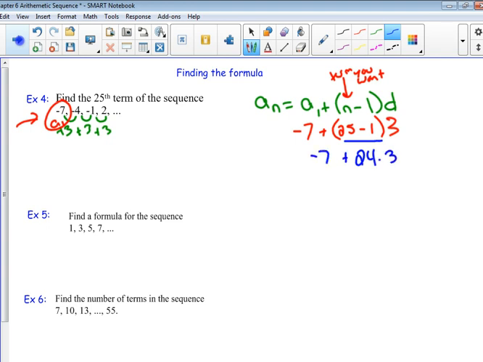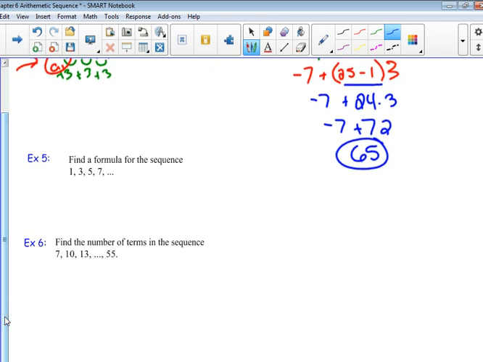Did you calculate there? You got 72, perfect. And then plus a negative 7, what are we going to get? 65. There we go. So 65 would be the 25th term of the sequence. If you kept adding 3 over and over again, 65 would have been that term.